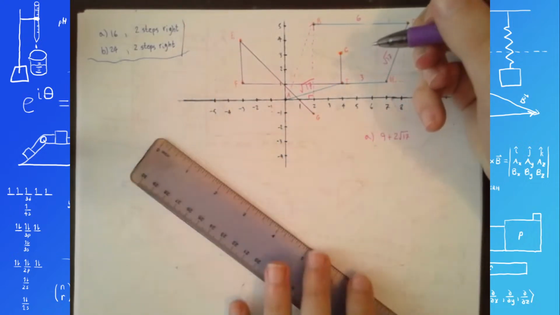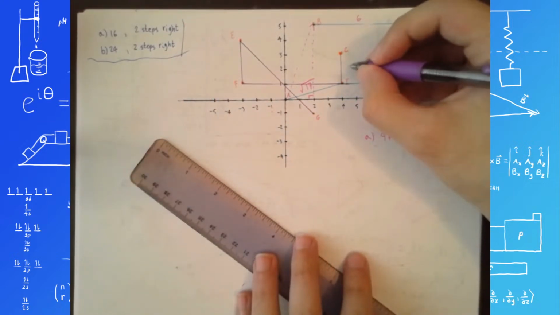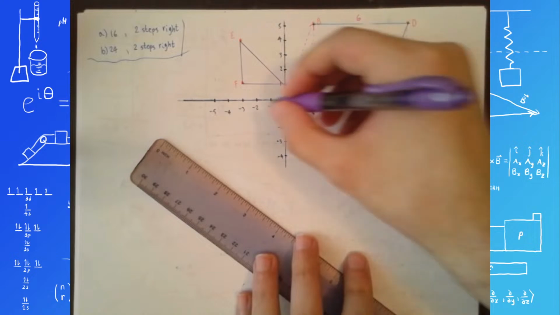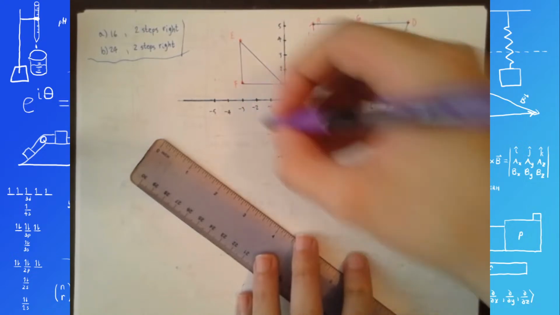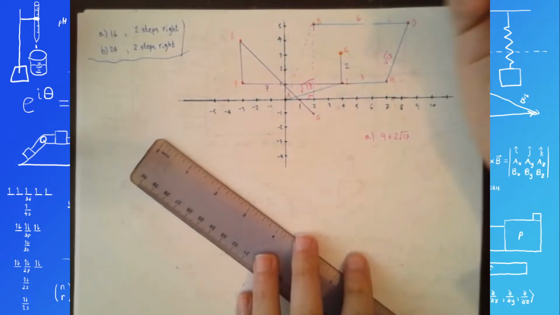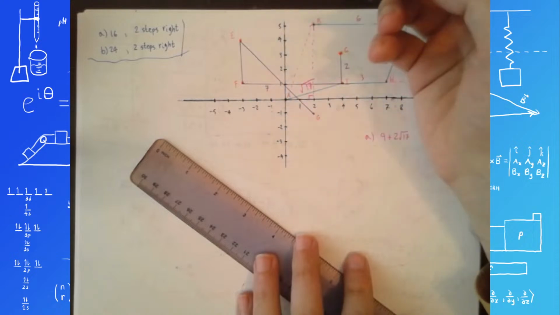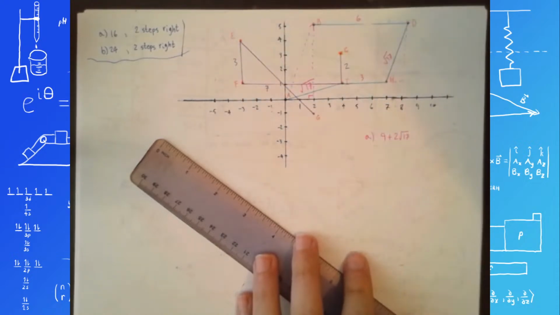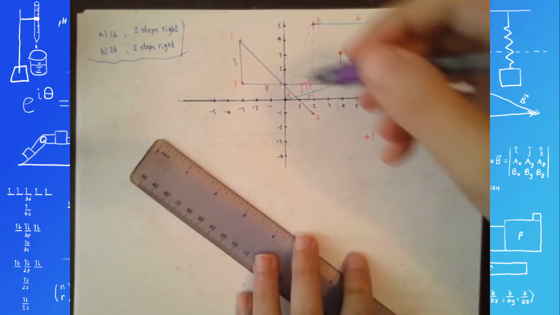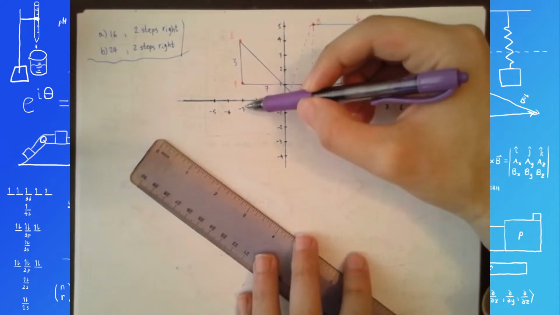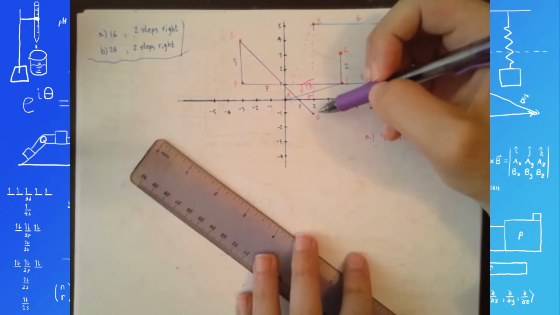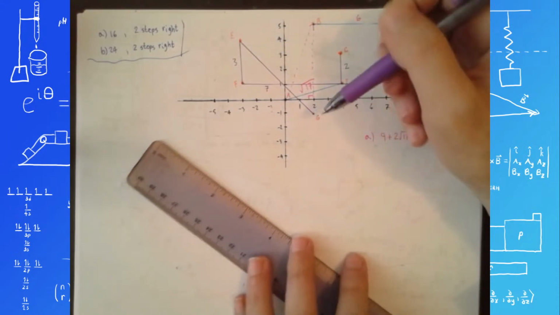Okay, so C to I is just 2. I to F is from 4 to -3, that's 7. F to E is just a distance of 3, and then E to G, we're going from -3, 4 to +2, -1.